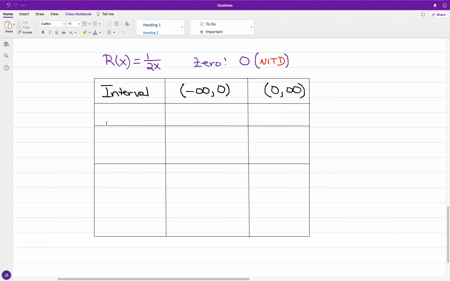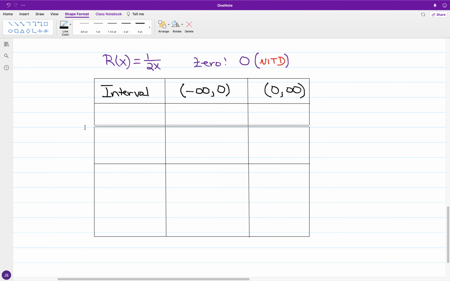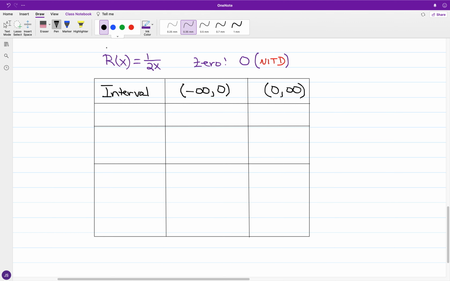Okay, so we have, again, just test out r of x. For the test value x, when we select anything that is negative, we'll just go with -1. Anything that is positive, we'll go with 2. So you have r of x equal to 1 over 2x.